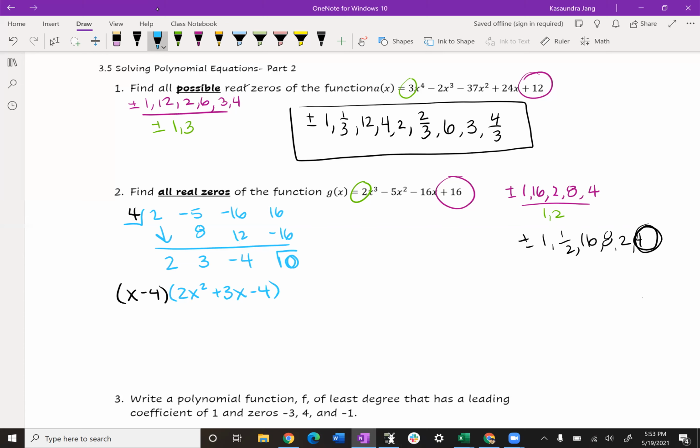All right, so I actually have one of my zeros already. Positive 4 is one of my zeros. I need to see if I can either factor this, or I could just use the quadratic formula on this leftover part here. So I think I'll probably just go with the quadratic formula. So negative b plus or minus the square root of b squared minus 4ac all over 2a.